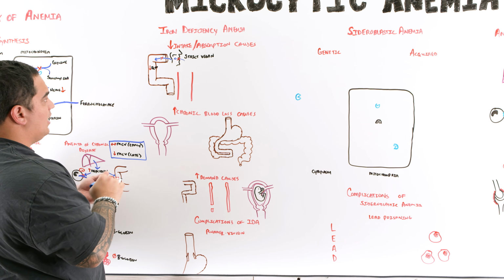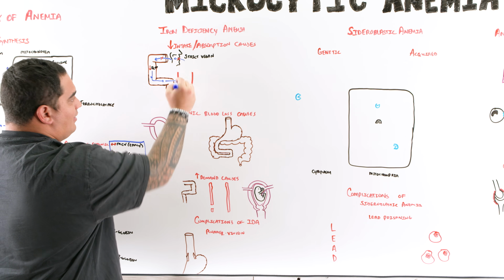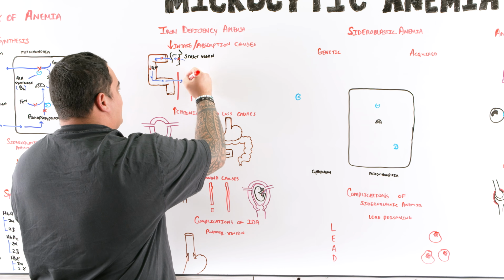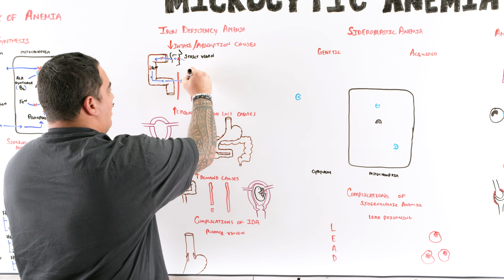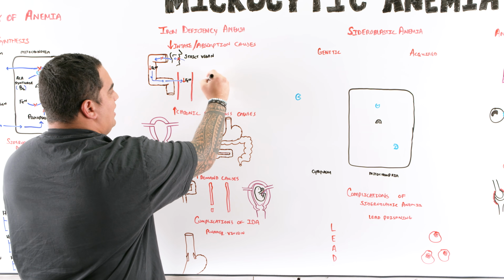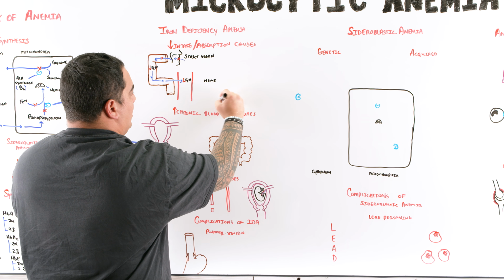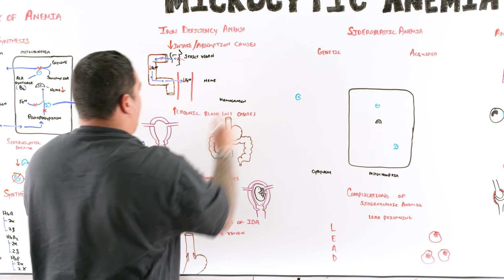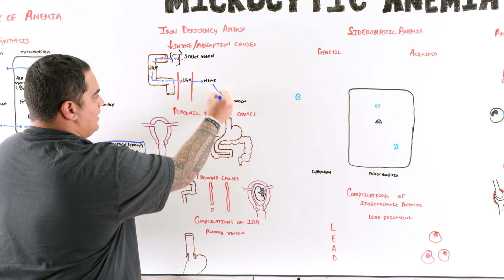And if I'm not bringing enough iron across my gullet, I'm not going to be absorbing enough iron into the bloodstream. And if I don't bring enough iron into the bloodstream, then if we go back to that process in heme, that's going to mean less heme, and that's going to lead to less hemoglobin. So this is a pretty straightforward process if we think about it.